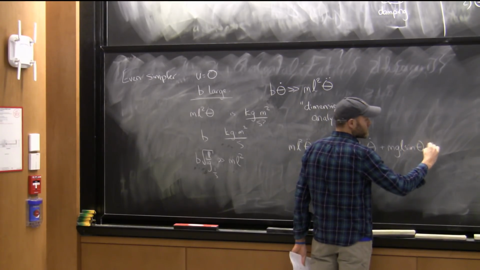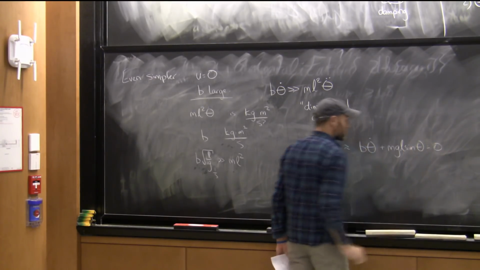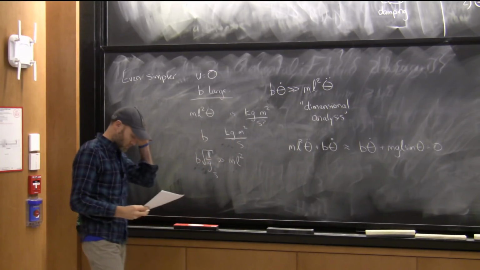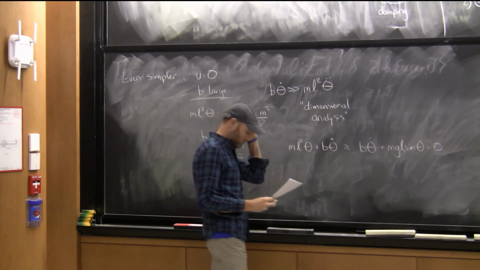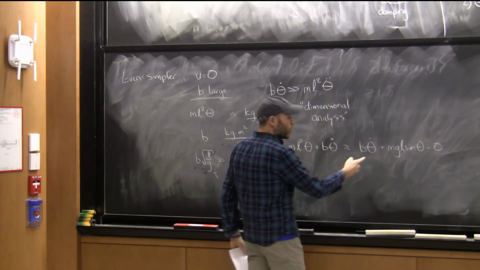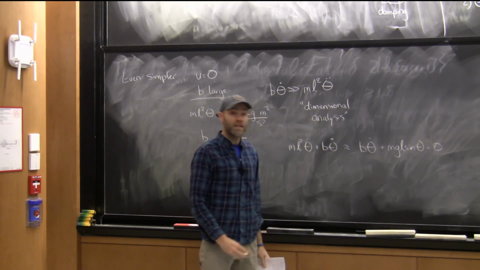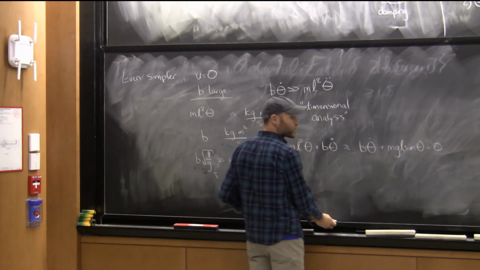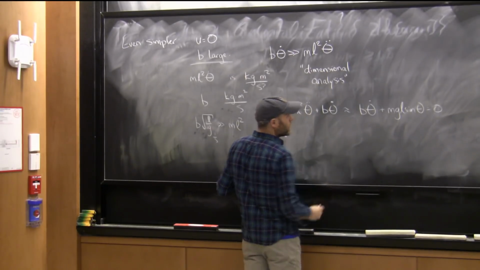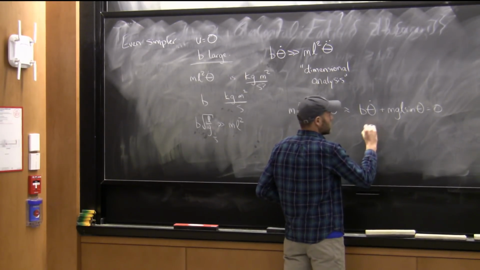And if u is 0, it equals 0. Once we have a first order equation, then it becomes really easy to draw, basically.